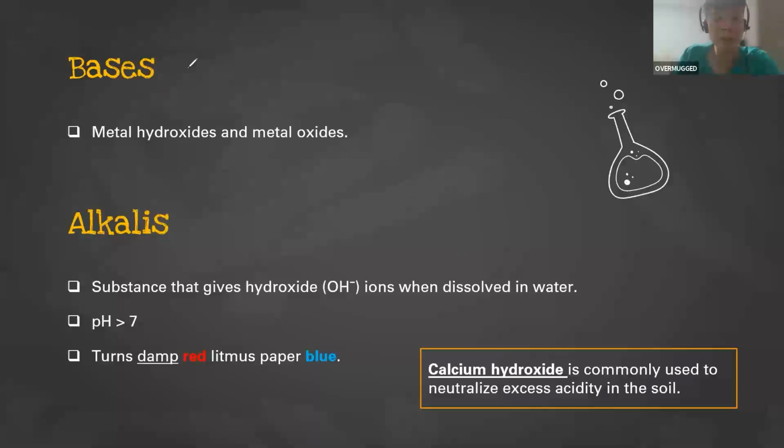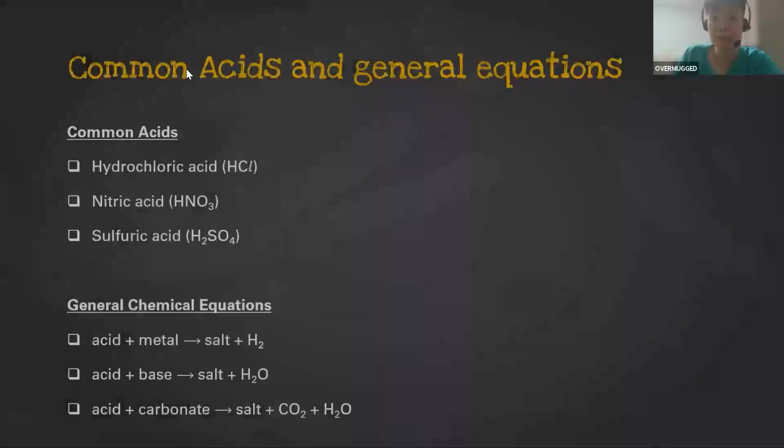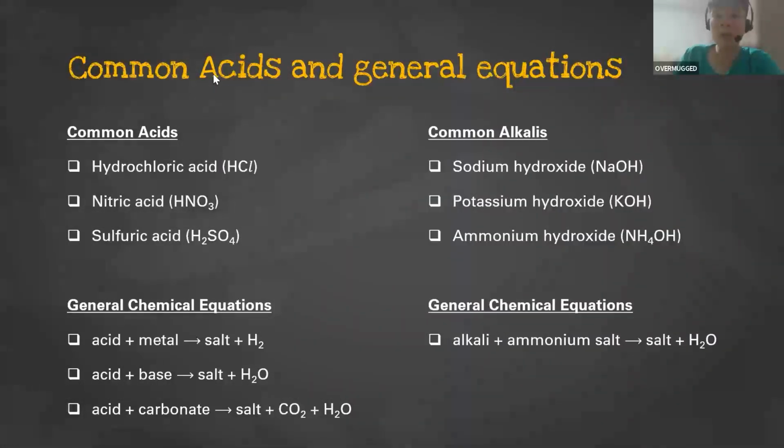Just now I mentioned the three common alkalis. Usually for alkalis, we will be dealing with these three, because most of the bases, most of the metal oxides and hydroxides, actually don't dissolve in water. So for alkalis, just these three. The rest are more or less considered bases very often. Over here, I'm just generalizing and simplifying things a lot.